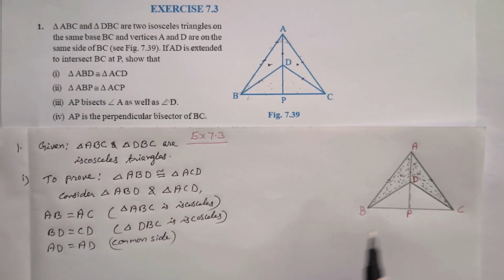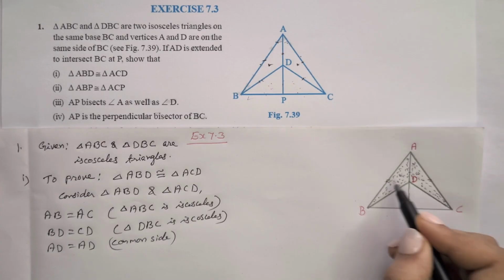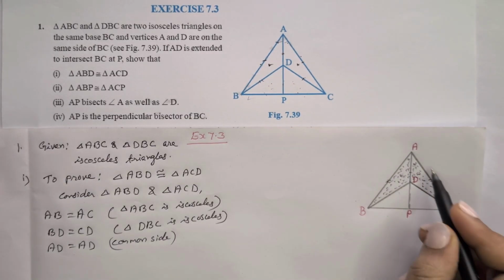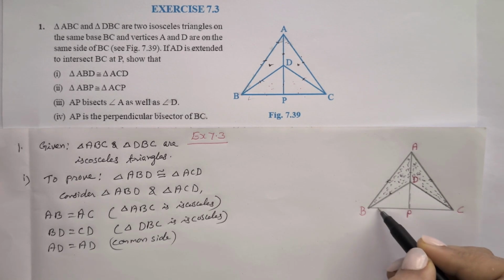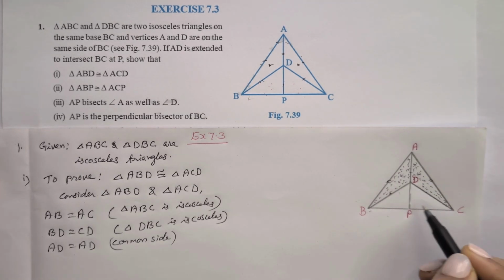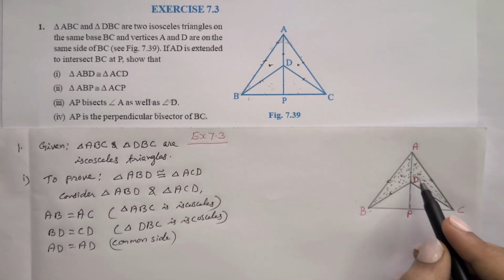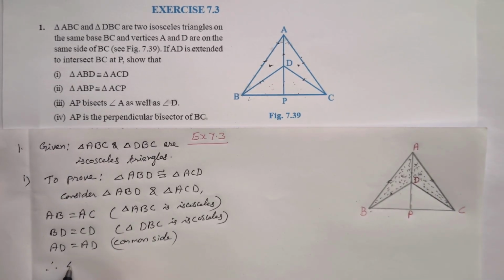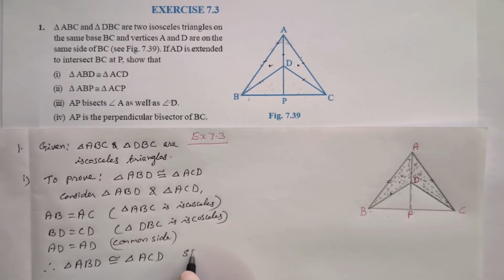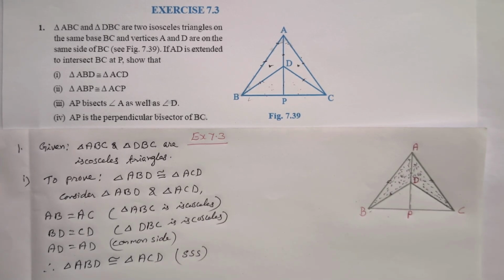Now three conditions. All three sides are equal. These two sides are equal because ABC is an isosceles triangle. These two sides are equal, triangle DBC is isosceles, and AD is common. So therefore triangle ABD is congruent to triangle ACD by SSS, all three sides, SSS congruency criteria.